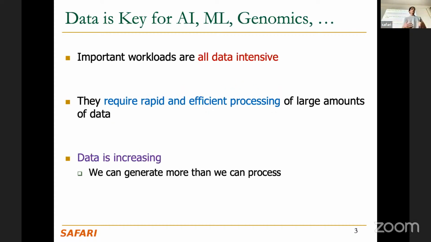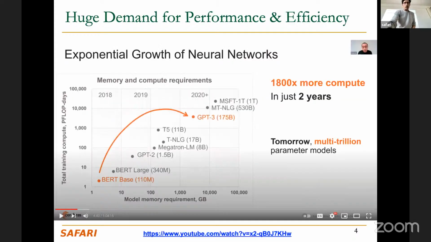But we know that data is key for all important workloads these days, such as artificial intelligence, machine learning, genomics, etc. And all these important workloads are very much data intensive. So they require rapid and efficient processing of large amounts of data, but this data is increasing more and more every day.